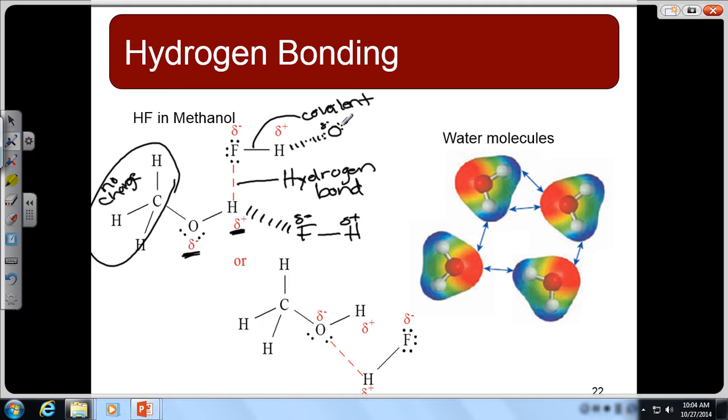I'm drawing it upside down here, but okay, partially positive. We could extend over on this side if we wanted to. There's another hydrogen bond. Here's a hydrogen that's partially positive. There's our oxygen.